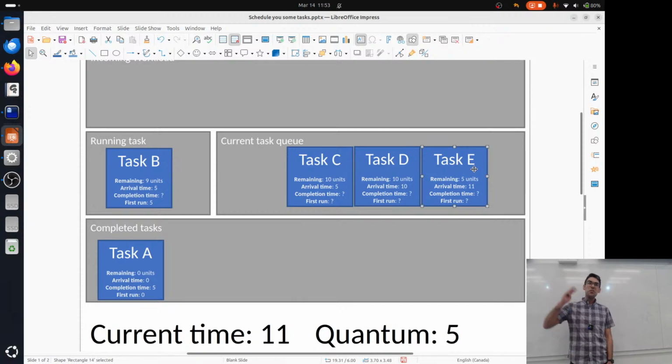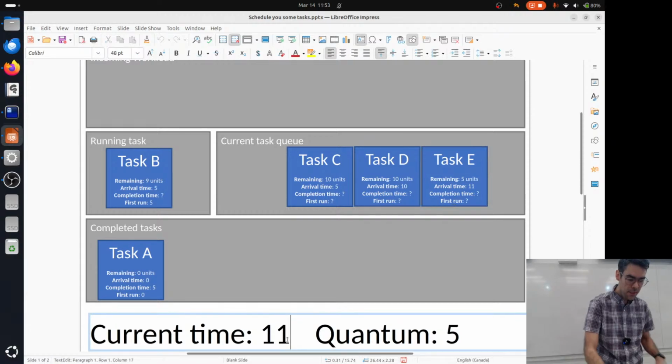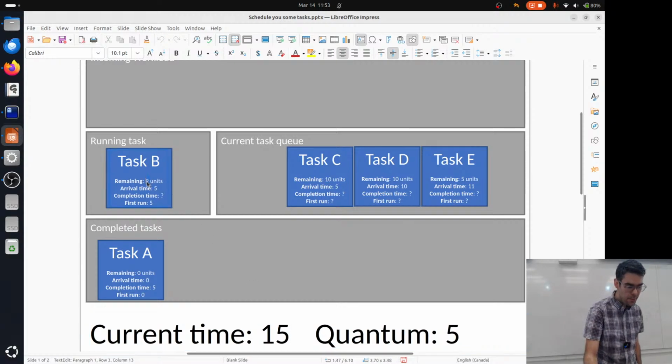I'm really rapidly just going to do 4 more units of time here. So time is 11, 12, 13, 14, and now the time is 15. There's 5 units of time left for this task.